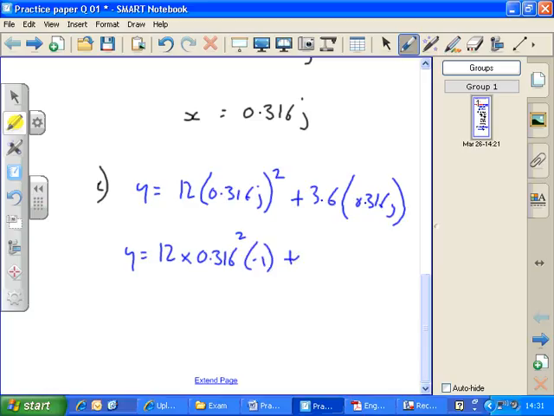Plus 3.6 times 0.316 j. So it's going to give us a complex number with a real and a complex solution.